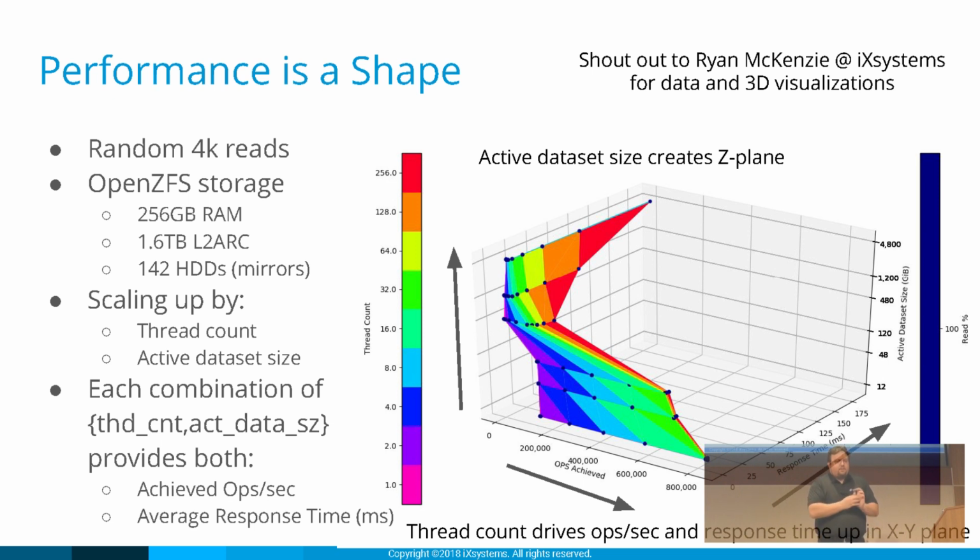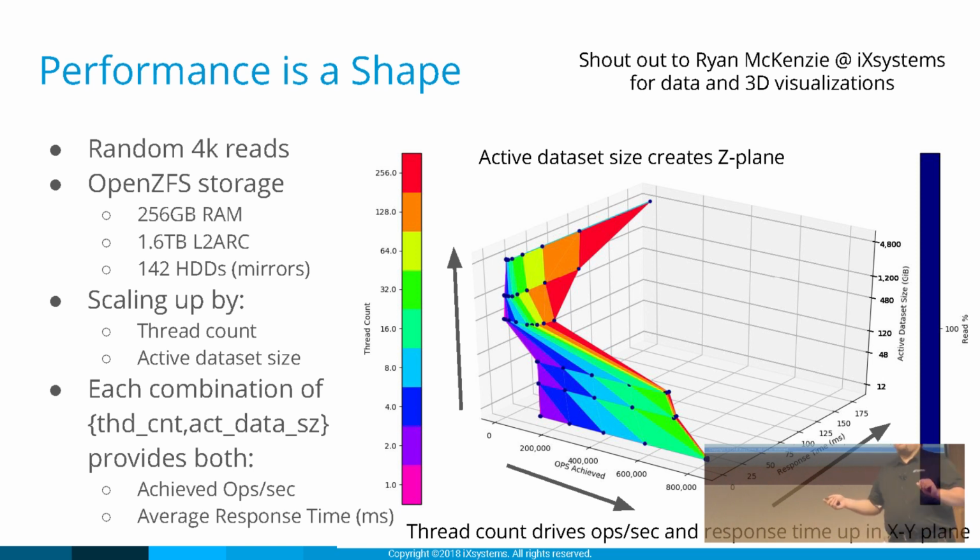So in this case, what I'm doing is I'm scaling up by thread count and active data set size, and each combination of thread count and active data set size is providing us with a point, our achieved operations per second, and our average response time for that point. So if we look at the chart here, you're used to seeing ops per second versus latency probably.